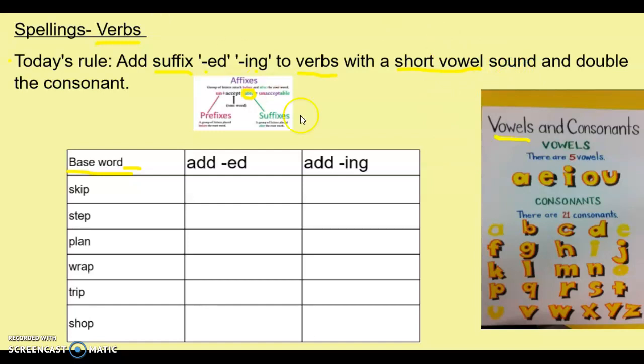For example, I'm going to write a verb here, and the verb I'm going to write is hop. Because the word hop has a short vowel sound, O is a vowel, and it's followed by a consonant. So when you have a word like this that has a short vowel sound and it's followed by one consonant, we need to double the consonant before we add a suffix.